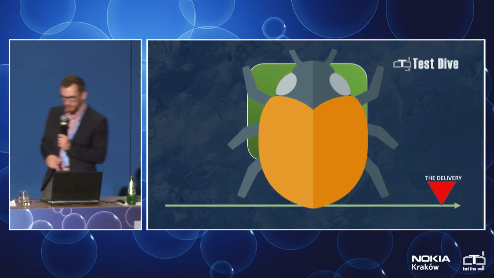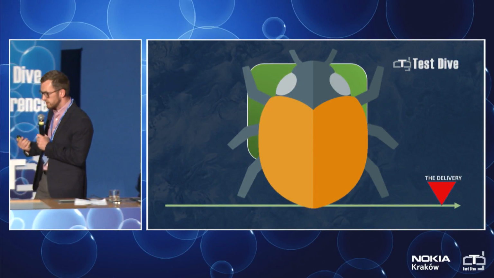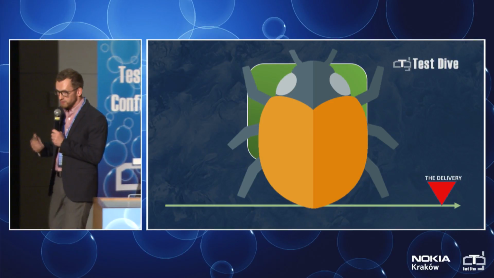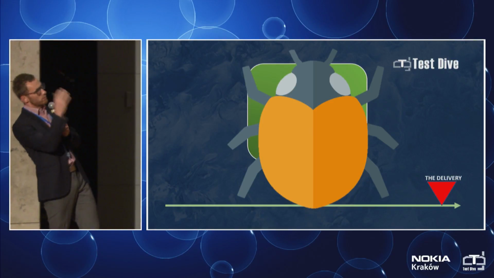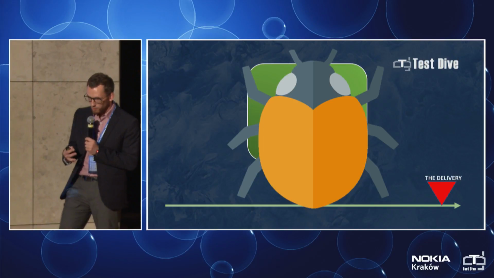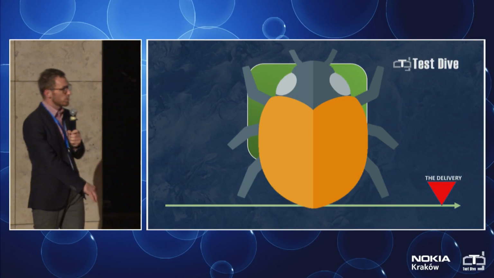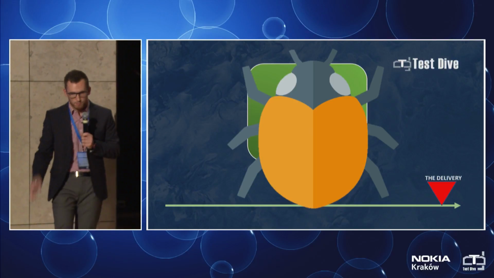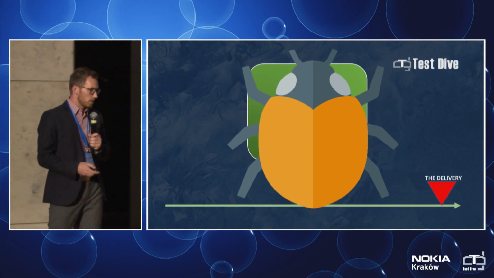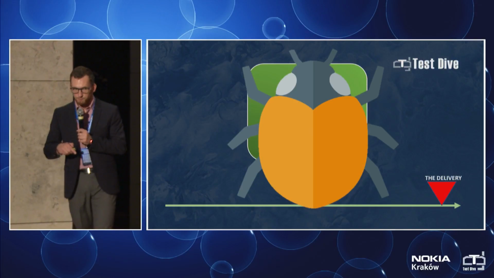But if you have a bug in the system that is so big that you cannot see the product from behind the bug, from behind the fault, and it actually covers everything, the system, the product, the delivery line, everything, you also have a problem.